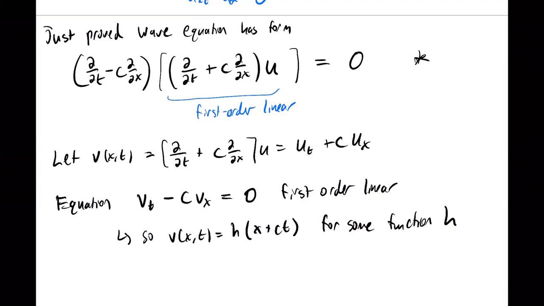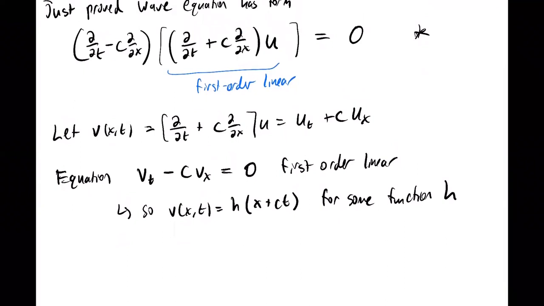Well, now I know what v is. And so what the wave equation becomes is, v is equal to u_t plus c times u_x. So remember this was v, and we just saw that v has to equal some function h of x plus ct.